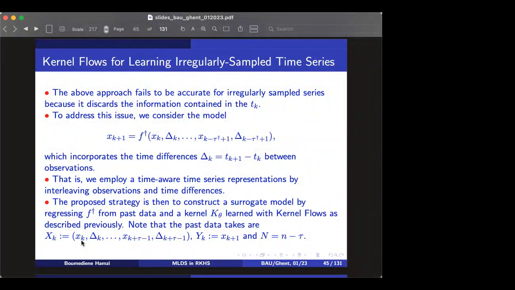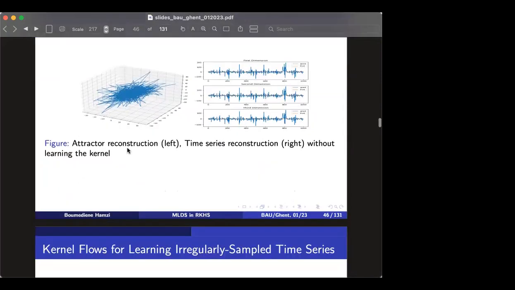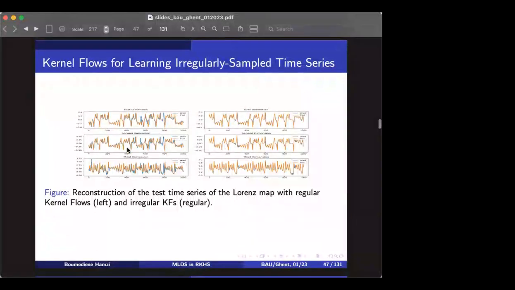Working in this extended state, we can solve our problem, and this is what we see here. For example, if we have irregular sampling of the Lorenz, you see the method does not work, and also we do not reconstruct the attractor. But by using our trick, the method works well.